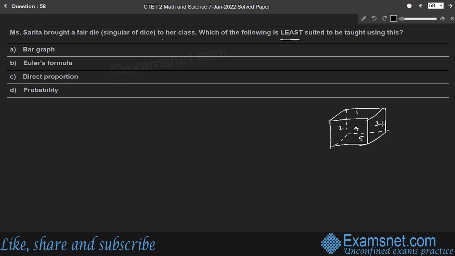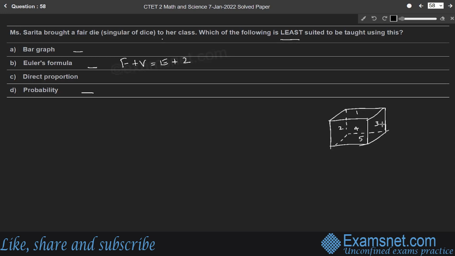Here, bar graph. This concept can be taught using the dice by rolling the dice many times and taking two parameters, frequency and results, as x and y of the bar graph. Whereas Euler's formula, F plus V is equal to E plus 2, can be easily taught using the die and will also be understood by the students very well, as a die contains faces, vertices and also edges.